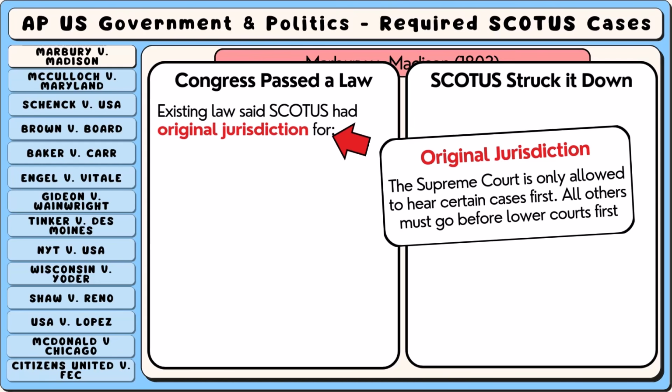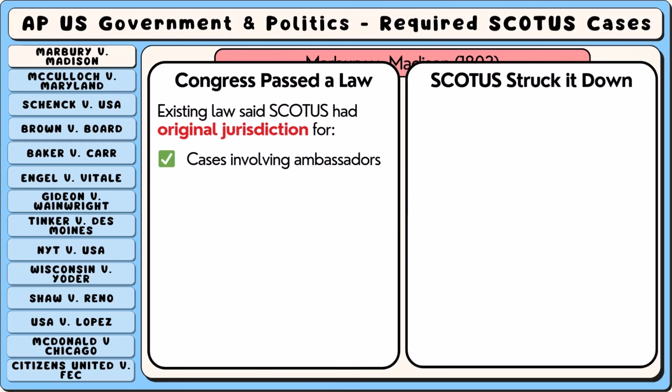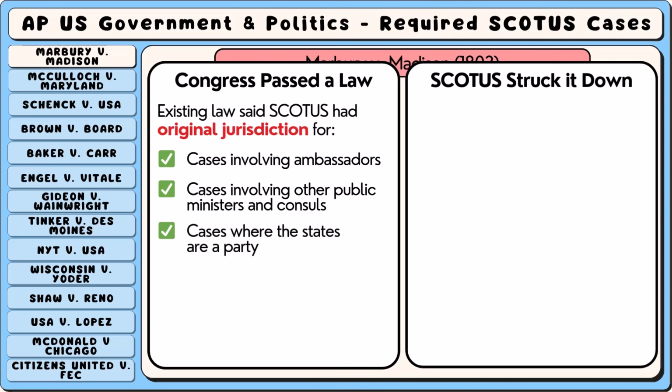All others must go before lower courts first. This included cases that involved ambassadors, cases that involved other public ministers and consuls, and cases where the states were a party, for example, if two states are suing one another. All other cases had to have already been heard by a lower court and were coming before the Supreme Court to appeal the lower court's ruling.